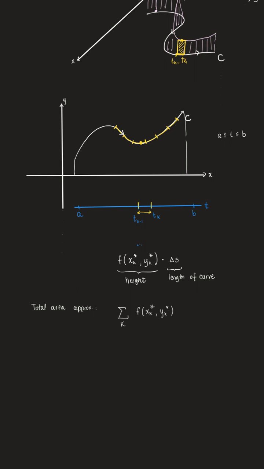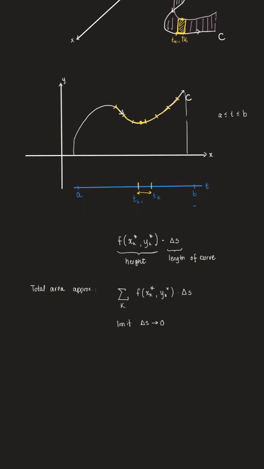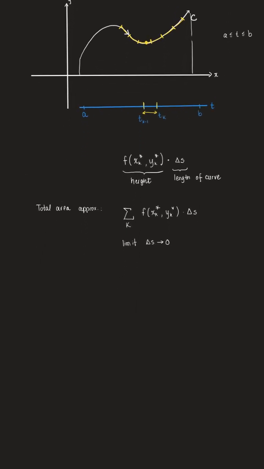That gives us the height of one panel of the curtain, and we multiply by a little change in the arc length, which gives us the length of one panel of that curtain. And then we take the limit as our delta s gets arbitrarily small, and that's going to become our arc length differential.